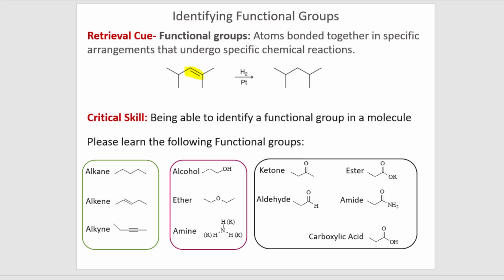So learning to understand functional groups helps us to make predictions in the future about reactions that can occur at that position. For instance, the alkene in this position, we're going to learn later in the semester, can undergo something called hydrogenation and turn into a sigma bond. So the pi bond actually goes away and we're left with just the single bond.